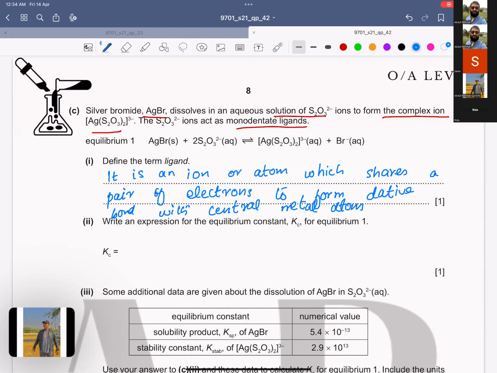Now, write the expression for the equilibrium constant Kc for equilibrium 1. Here we have equilibrium 1.